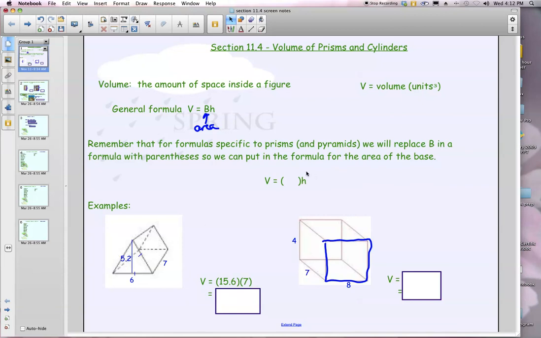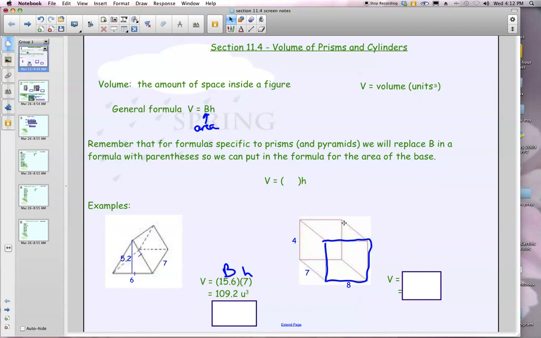And then we take that times the height of our figure. The height between our bases is 7, so that's why we put 7 there. So the 15.6 represents the area of the base, and then the 7 represents the height. That's how we get the volume of a prism. We would get 109.2, and then remember it's cubed units.